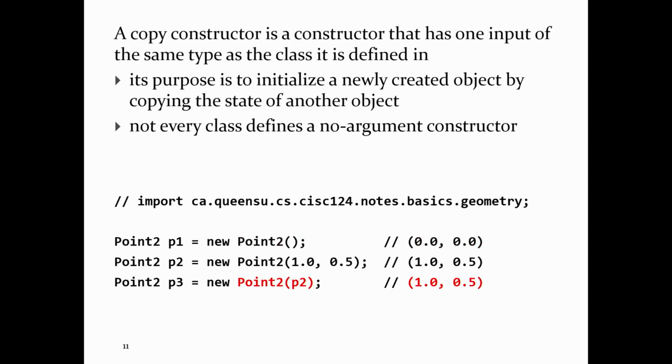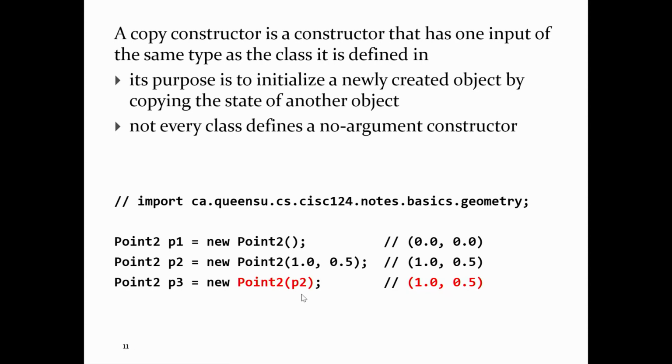There's another type of constructor that is, I would say, less common than the no argument constructor. It's called the copy constructor. The copy constructor has one input. It's typically of the exact same type as the class itself. So Point2 has a copy constructor that accepts a Point2 reference as an argument.